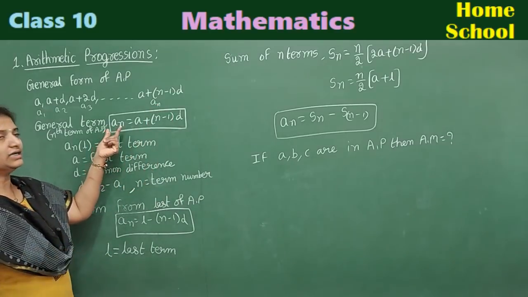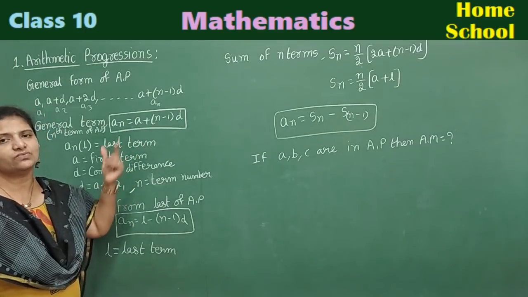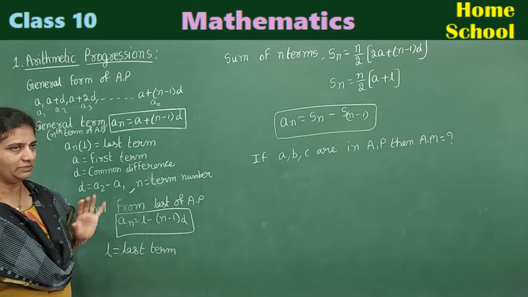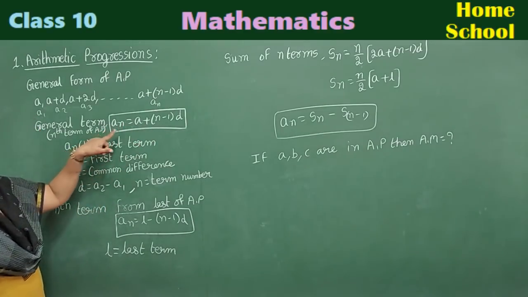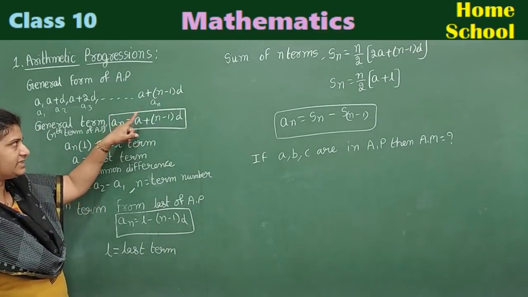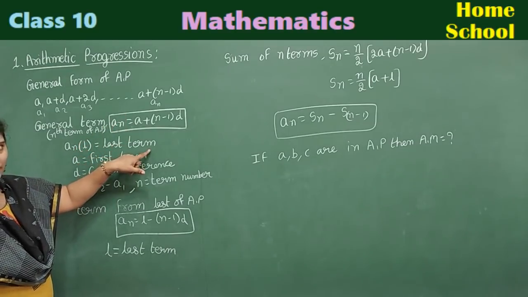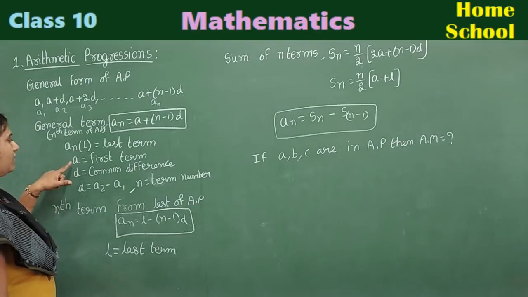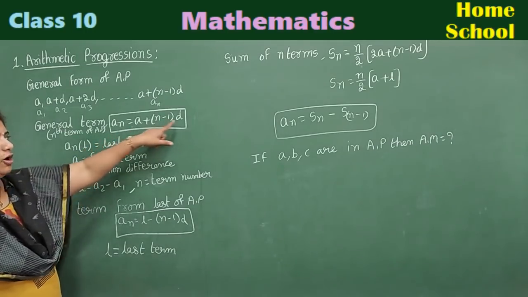Therefore, general term An is equal to a plus (n minus 1) into d, which is a very important formula for this chapter. Now let us come to know what all these are. An is the last term, or you can say it as L, the last term value. a is the first term, and d is the common difference.